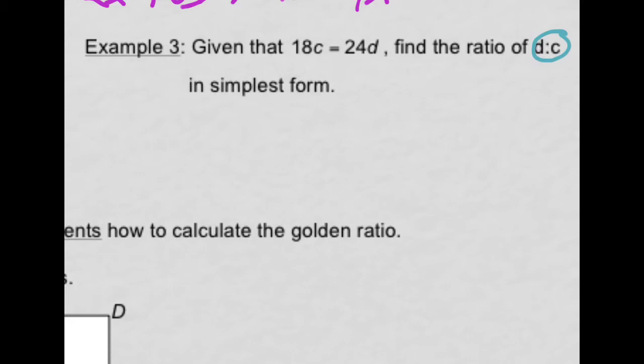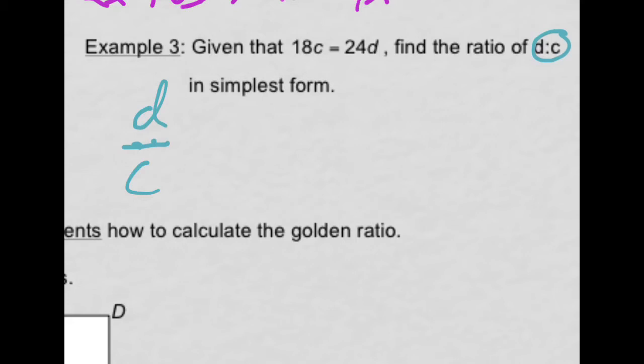Well, when you see d to c like that, here's what I want you to think of. I want you to take this c and put it under here. Take this little guy and turn it around, and we will just make that a ratio.